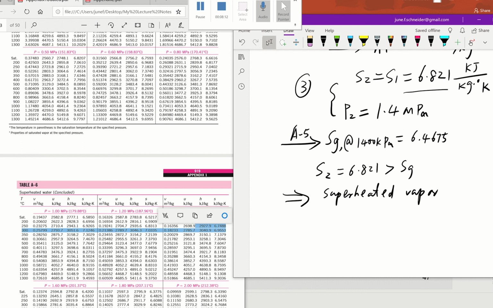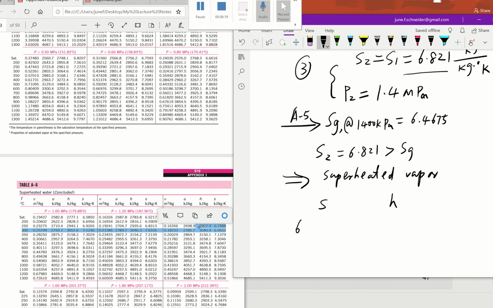Let's list those two values, our S value and our H column. For S of 6.7488, the corresponding H is 2927.9. And for 6.9553, it's 3040.9. Our S is right in between, 6.821, and our goal is to find that H value.